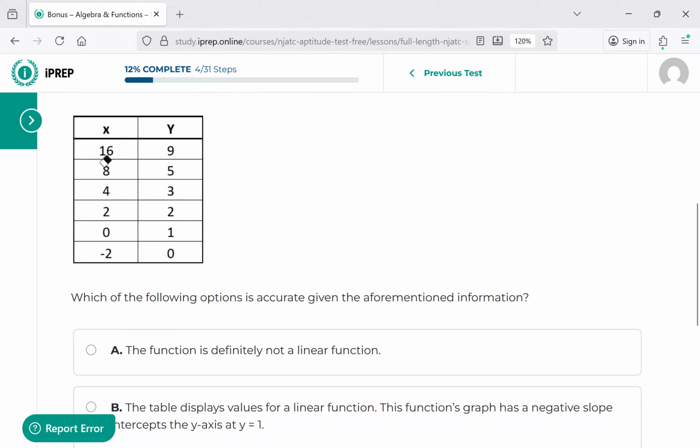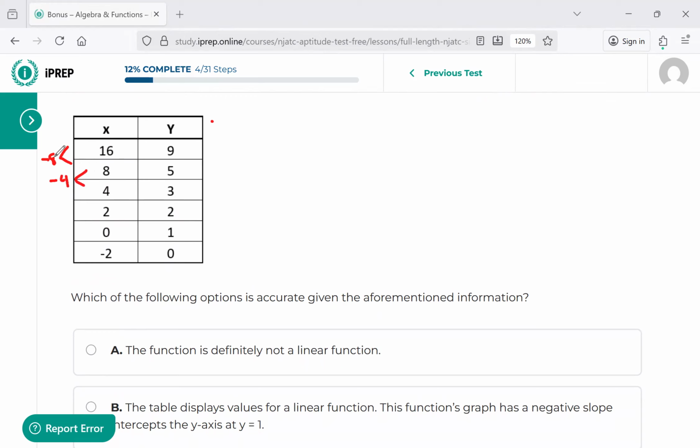At first, because I already did this one, I thought they have to have a constant that is always true. So for example, 16 to 8, you had to subtract 8. 8 to 4, it was minus 4.